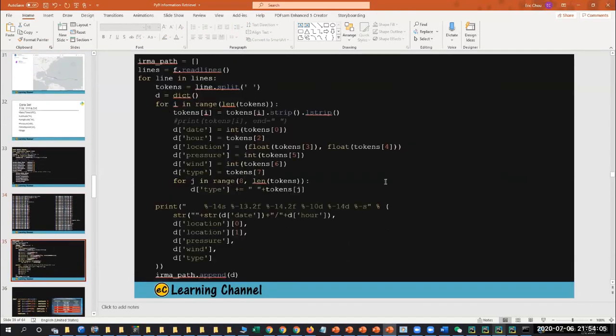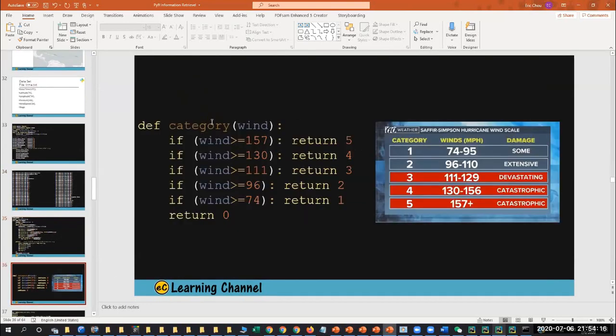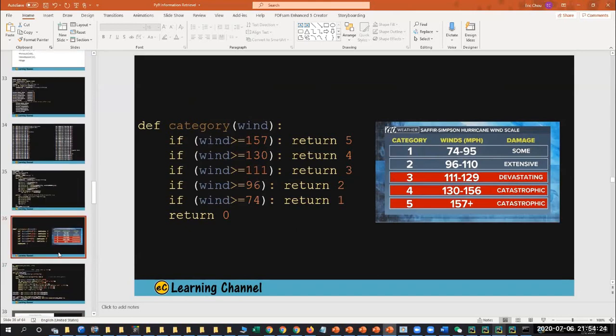It's like this. Next, we read in line by line the irma.txt data, and put it into a dictionary, okay? This portion, I think I taught you already. And then for each wind speed, we use this table to determine the category it is, okay? So we determine that.